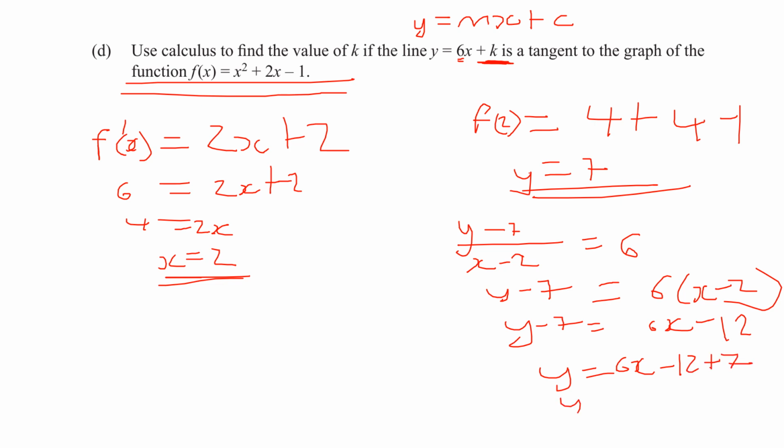So y is equal to 6x minus 5. Therefore, k is equal to minus 5. Done and dusted. And that is how we do that. So yeah, that's it. Let's move on.